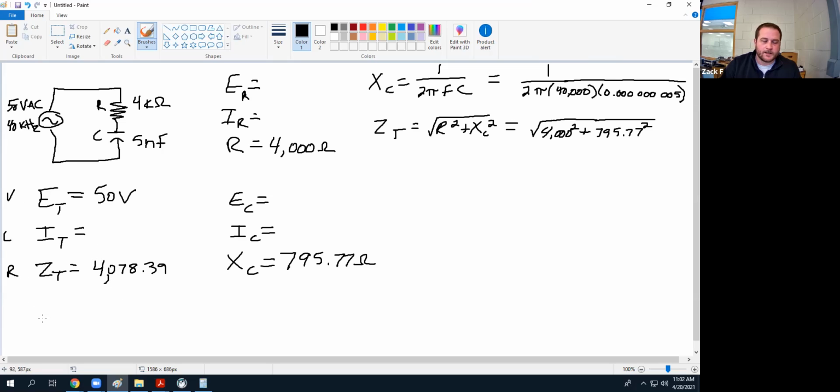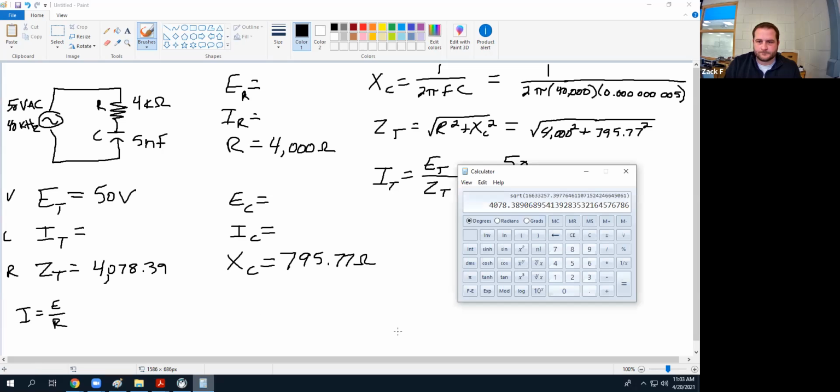So E equals I times R, I equals E over R. So using Ohm's law, I total equals E total over Z total. 50 divided by 4078.39 is 12 milliamps.